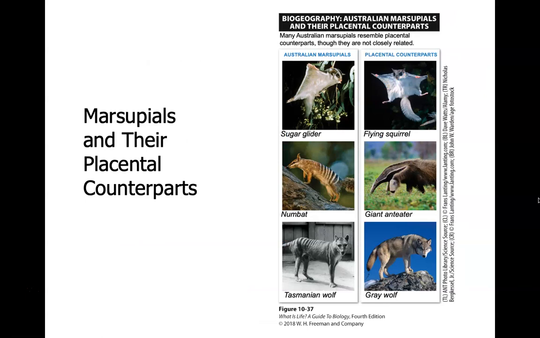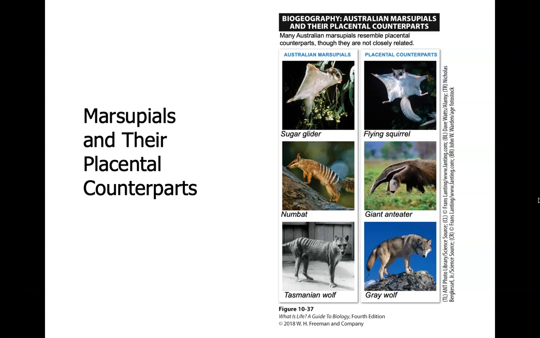We can also use the idea of biogeography to explain certain adaptations where we have similar features but different origins. And a great example of this is marsupials. Marsupials are animals that birth their babies into pouches, and then the babies develop there.